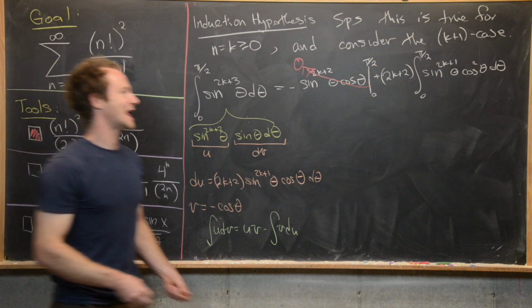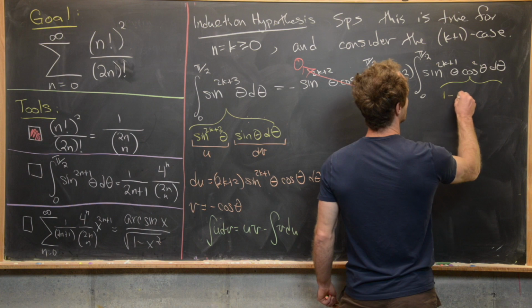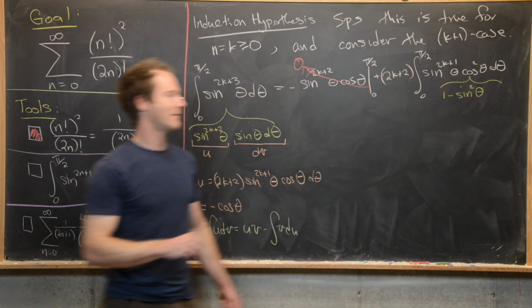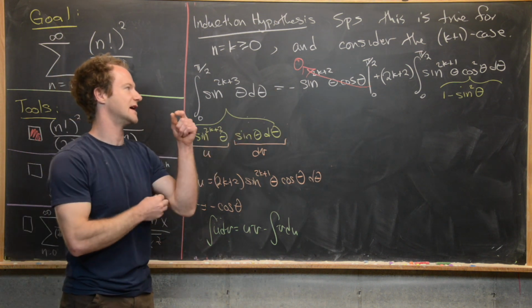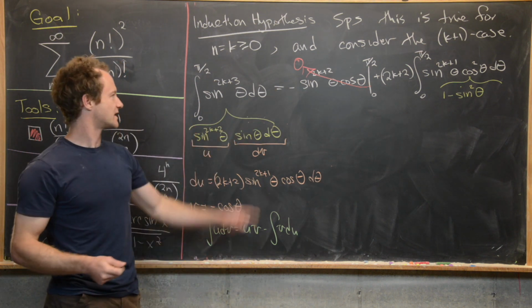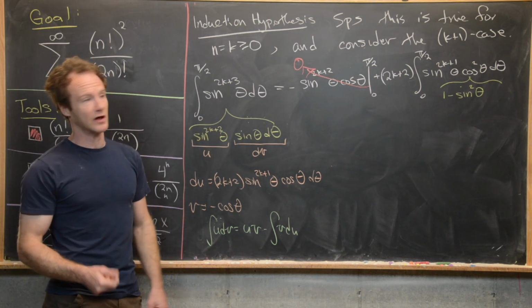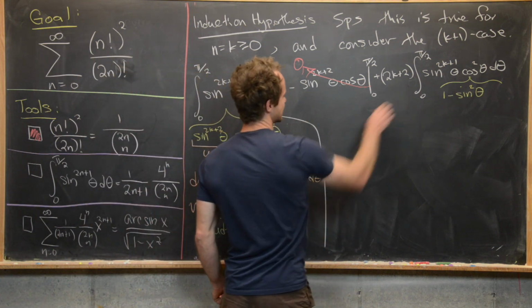Great. And now next, I notice that I can take this cosine squared and write it like 1 minus sine squared theta. And that may not seem super helpful, but when I take that sine squared and multiply it by the sine 2k plus 1, I will re-achieve my original integral, which will be helpful. So let's go ahead and do that. So I'll bring this down.